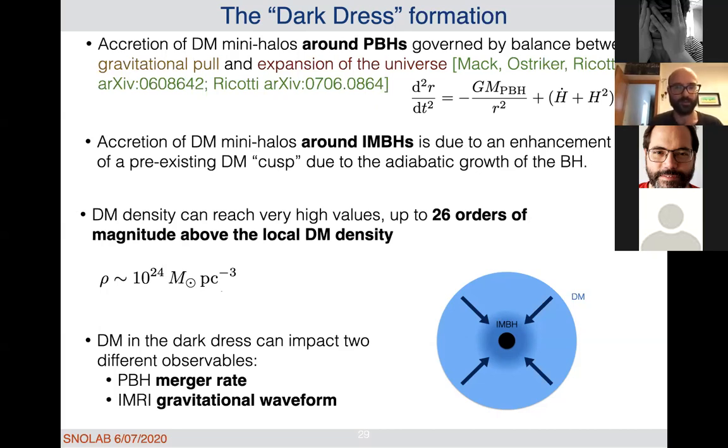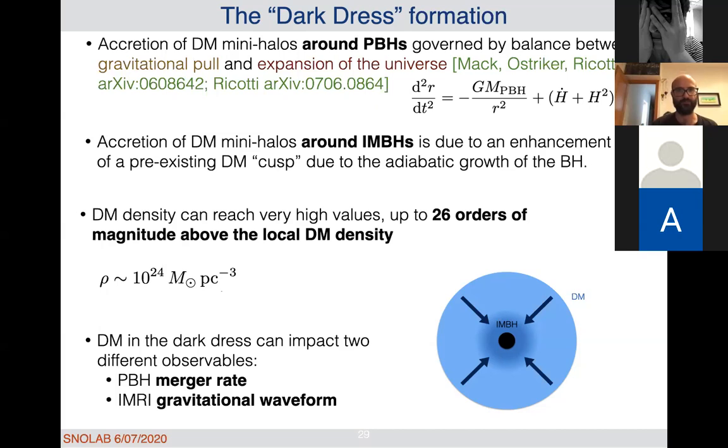Given these characteristics of dark matter, you can end up with a very, very condensed and concentrated spike of dark matter around black holes, which can reach very high densities, like 24, 26 orders of magnitude above the average density of dark matter in the universe.